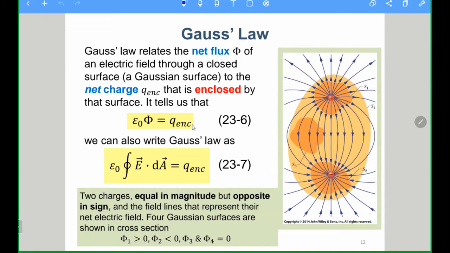So in the previous slides and the previous two sample problems, it assumes that you already know how to calculate the electric flux.